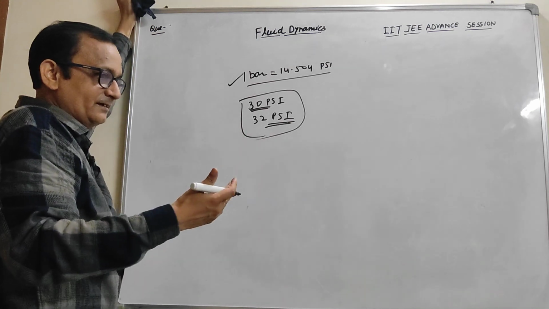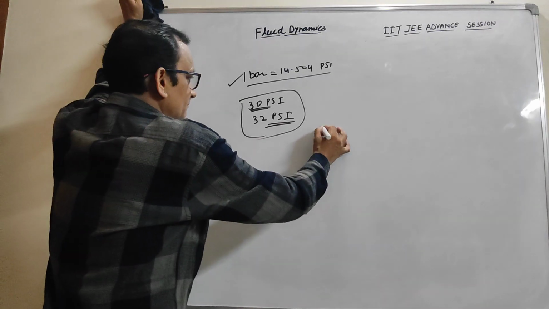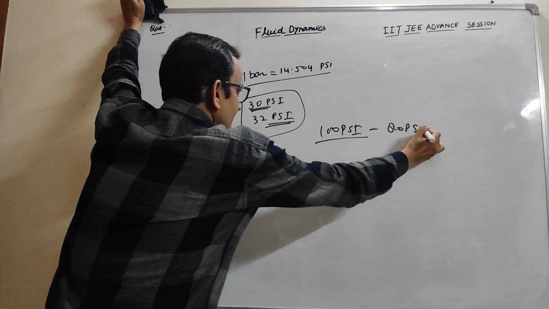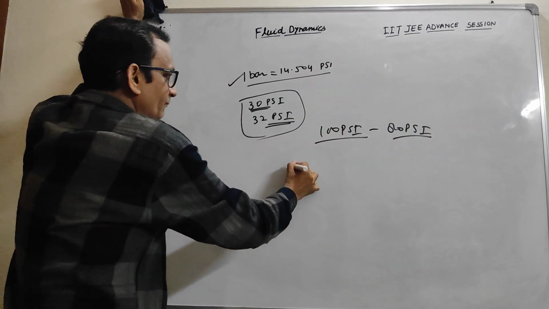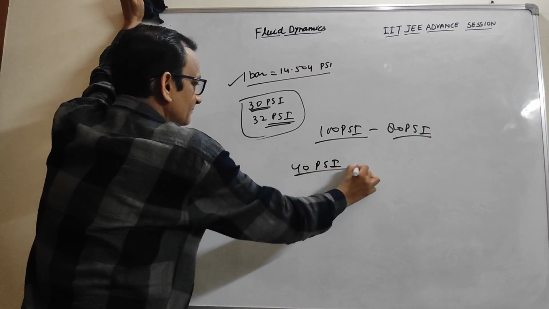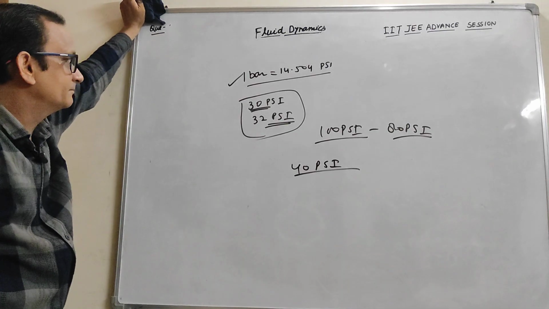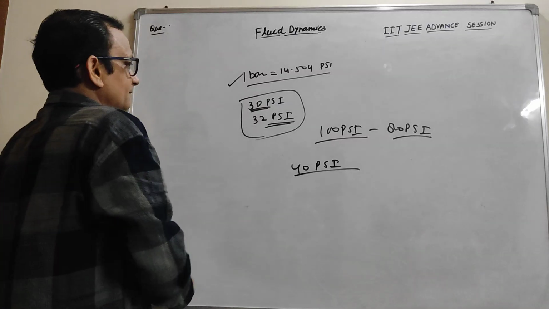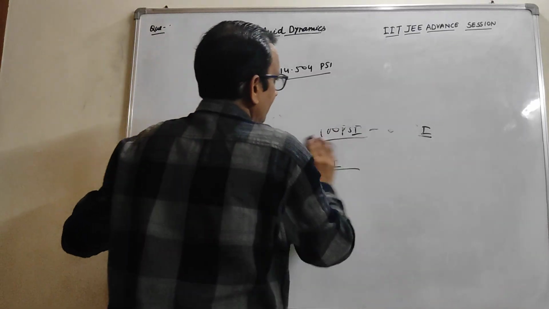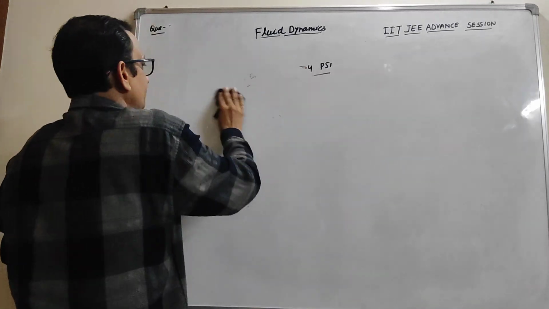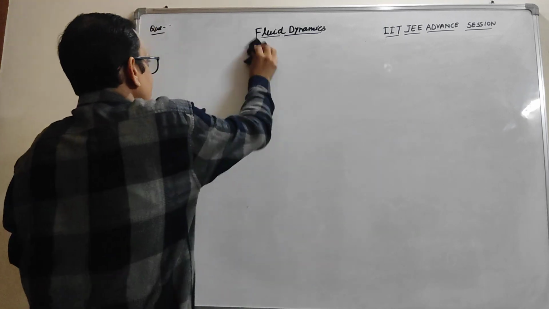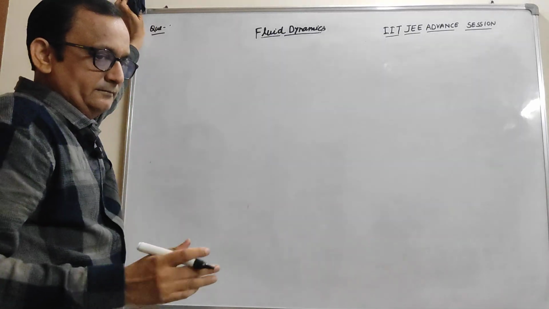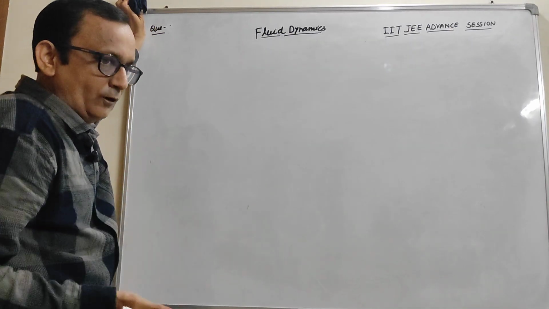The pressure inside the bus is not more than 100 psi, 80 psi. Heavy vehicle having 40 psi, not more than this. This is very big. So here we have to calculate the gauge pressure, that is the pressure exceeding the normal pressure.